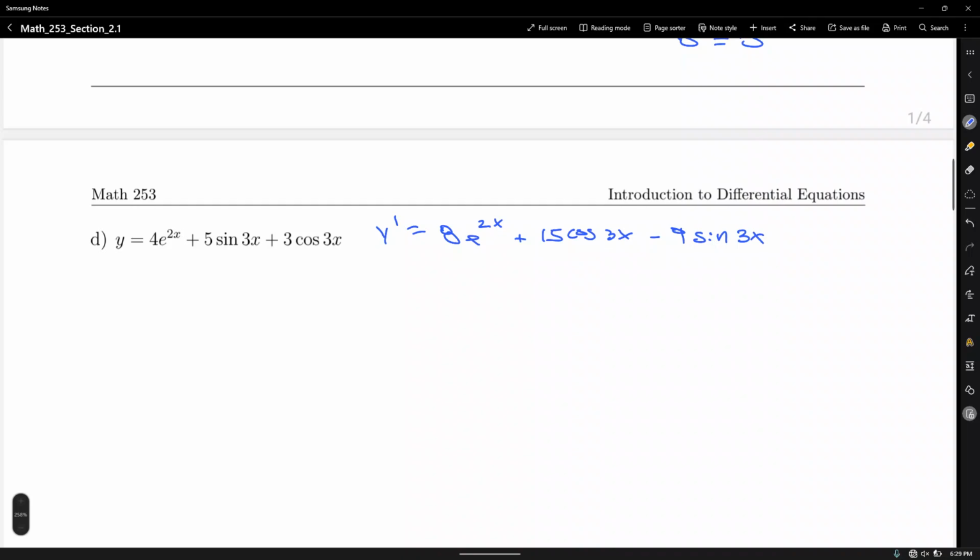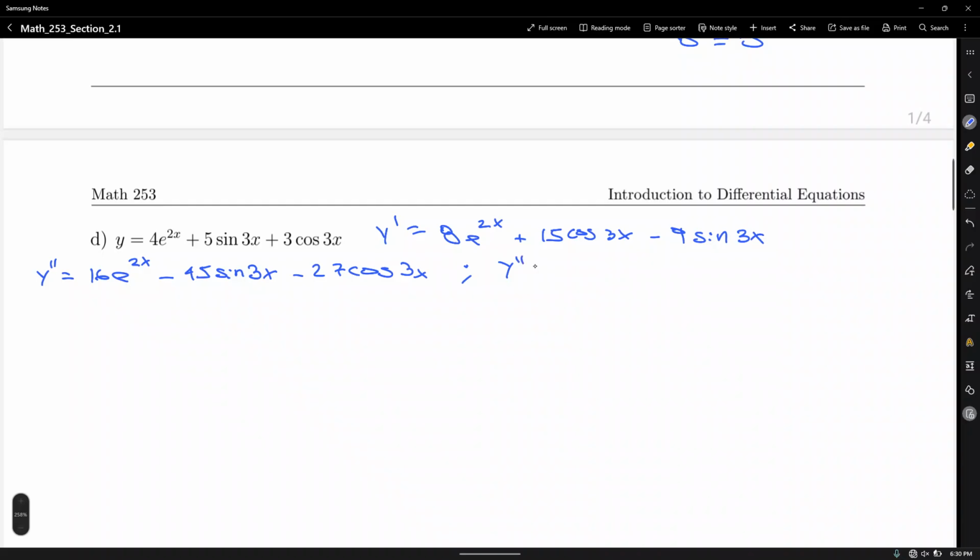Second derivative, I'm going to write it down here, y double prime equals 16 e to the 2x, and then minus 15 times 3, is that 45? Sine 3x, and then minus 27 cosine 3x.